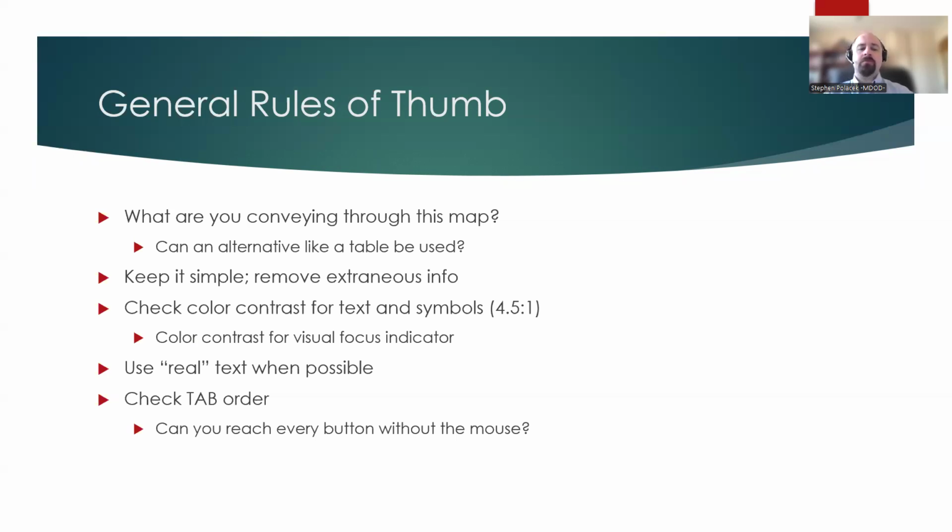That kind of thing. Second, you want to keep it simple. Remove extraneous info. Really make sure that the purpose of that map is dialed in. If it's for directions, it really should just show that and detail the route. We shouldn't have to get, you know, height information, or heat index, or any other kind of information other than streets and directions.